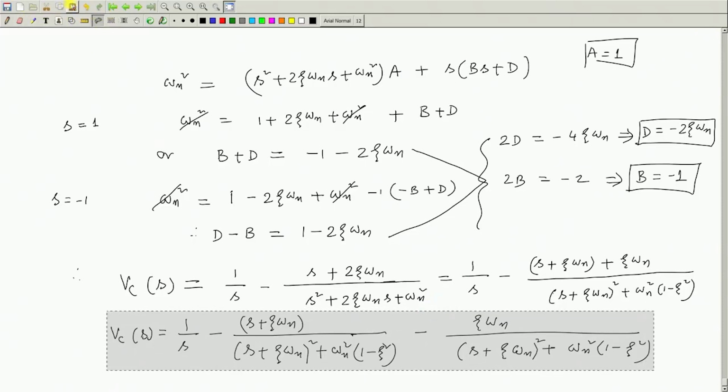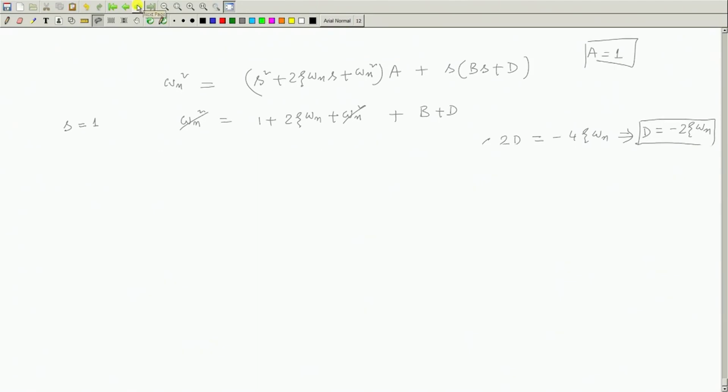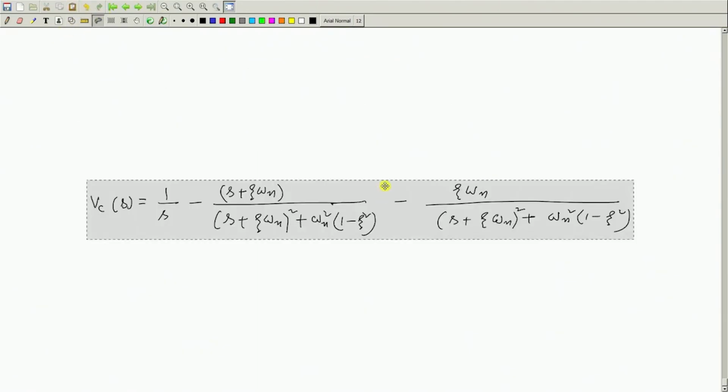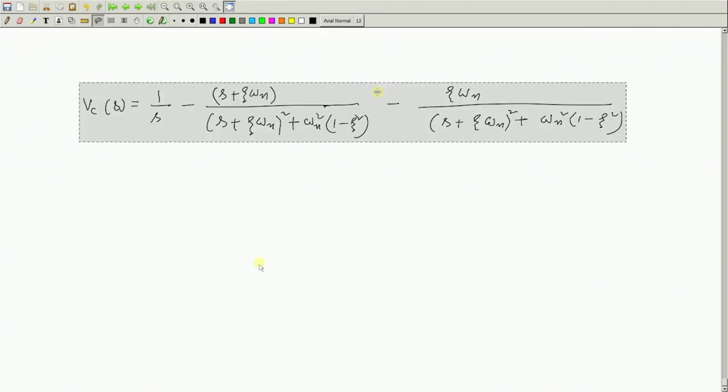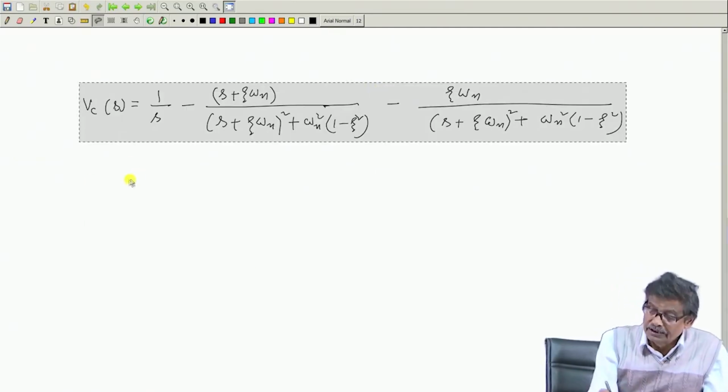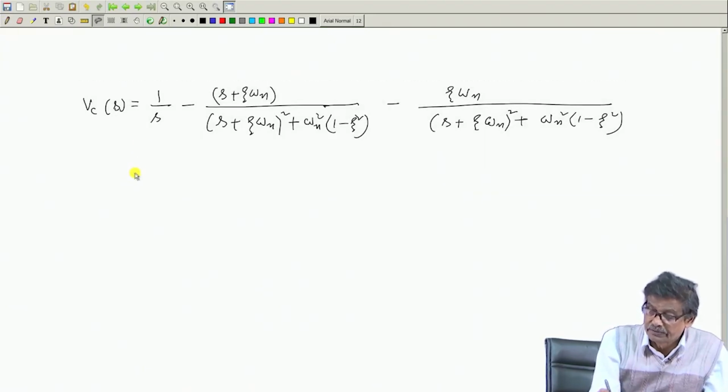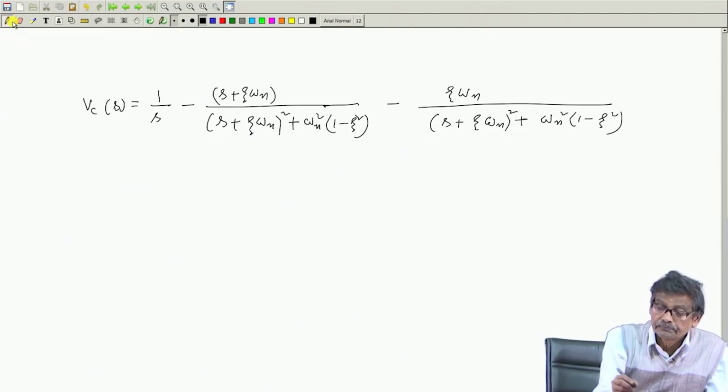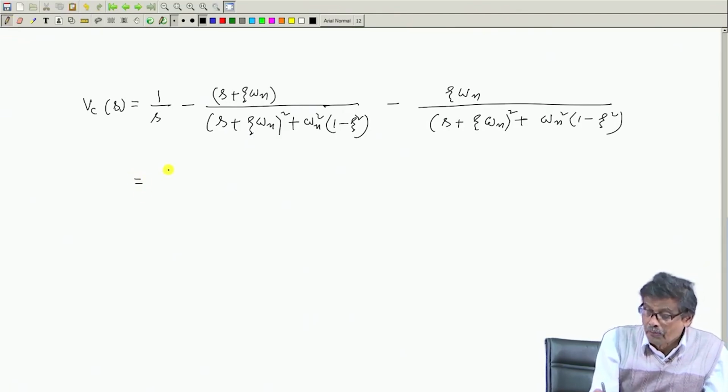Copy, go to next page and paste it. So, this is the thing. We have got this. Now, what I will do is better, I will write it, then this is equal to 1 over s fine plus, not plus, minus.